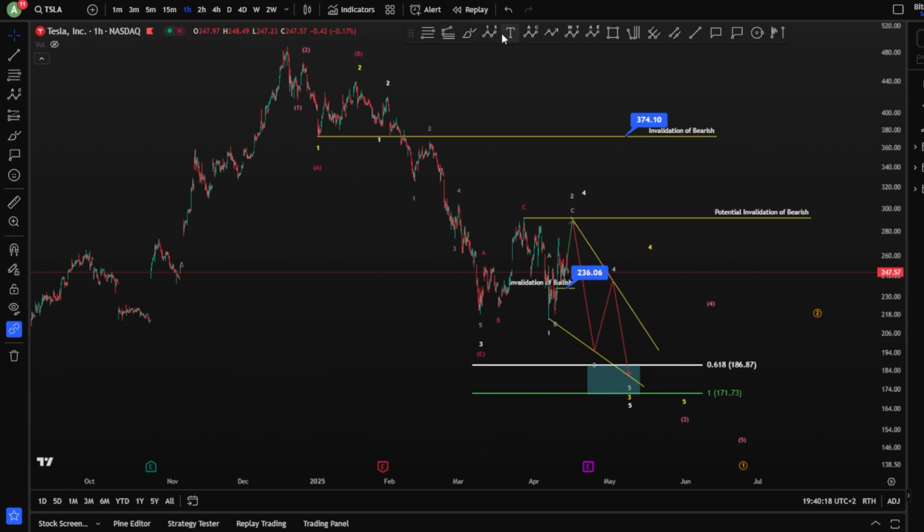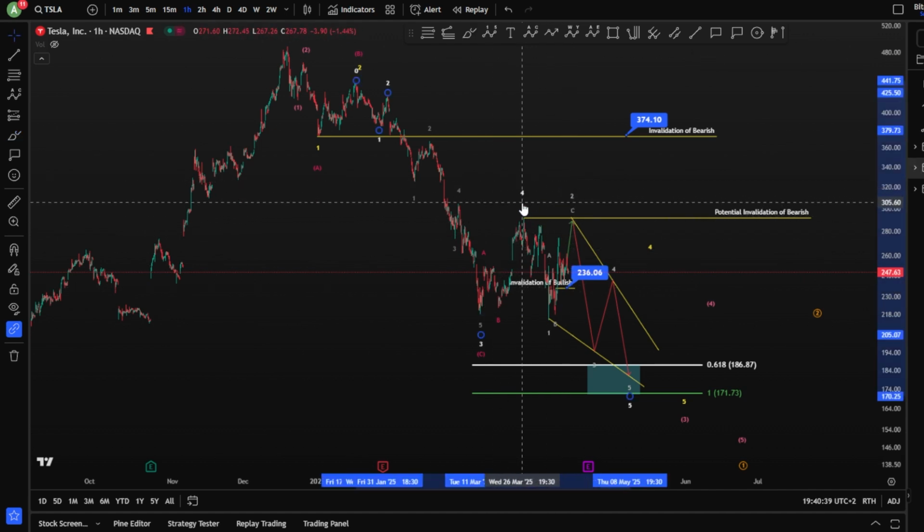So basically, this is what we are looking at. Now, what are the possibilities that we can invalidate this? I would say there are high possibilities. Why? Because we are looking at a wave 2 here. Look at your wave 4. Your wave 4 now is fine as a time.